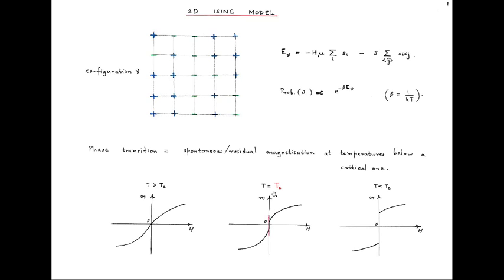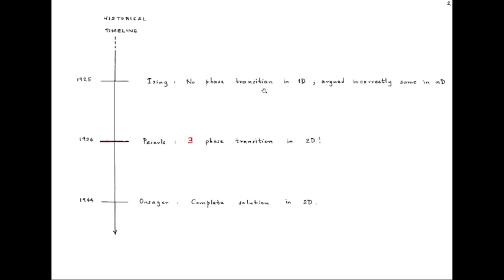And Ising and Peierls proved that in the 2D Ising model, we have such a phase transition. And this was an important result in the history of the analysis of the Ising model, because in 1925, when Ising looked at his model, he proved that there is no phase transition when you have a one-dimensional lattice, but he thought that the same would also hold in higher dimensions.